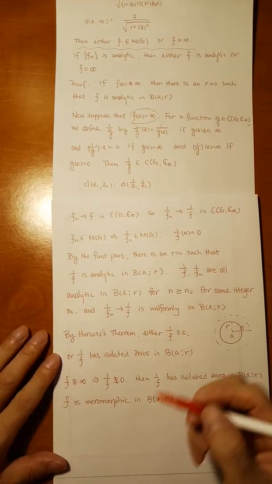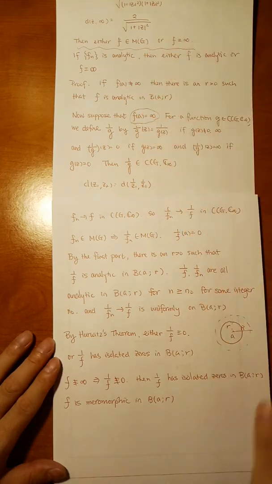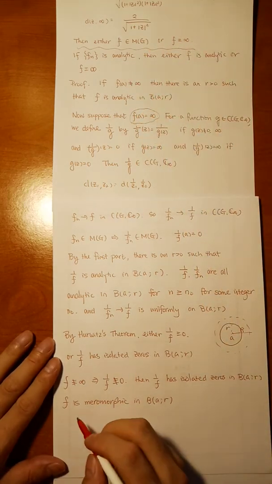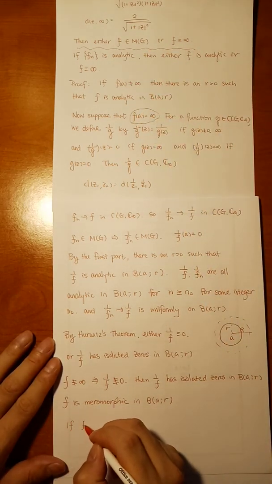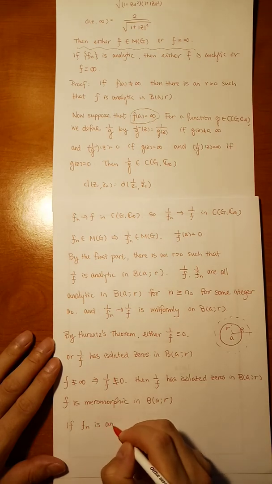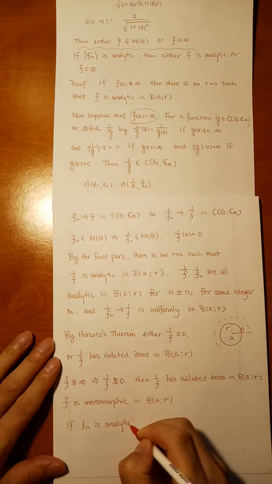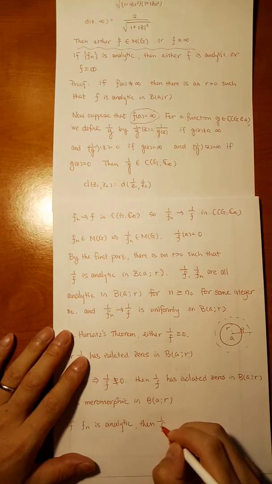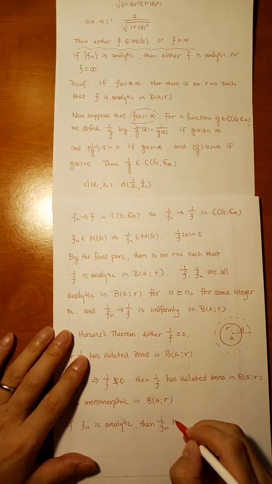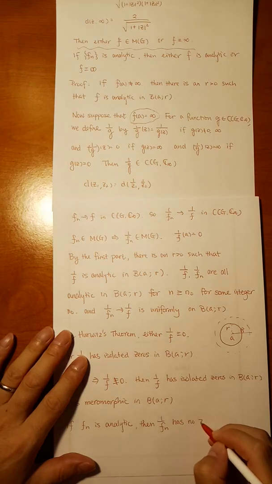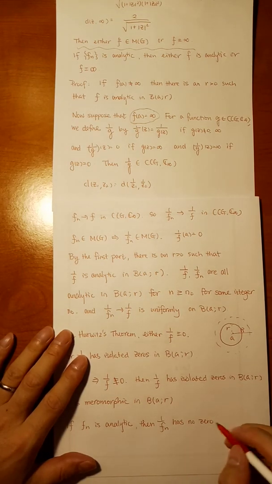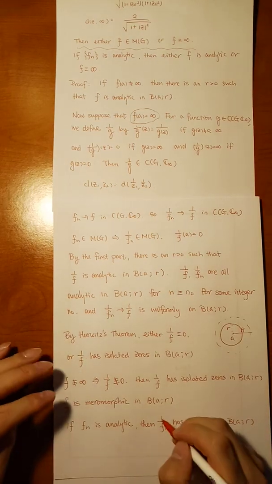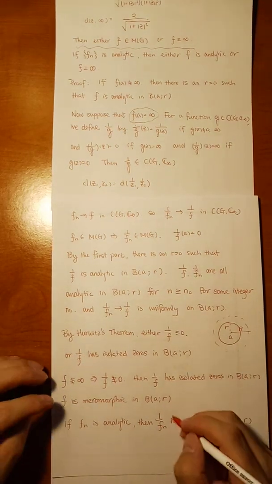Okay, and second part, if the sequence Fn is analytic, then 1 over Fn has no zeros. Why? In this ball, how do we get 1 over Fn equal to 0?